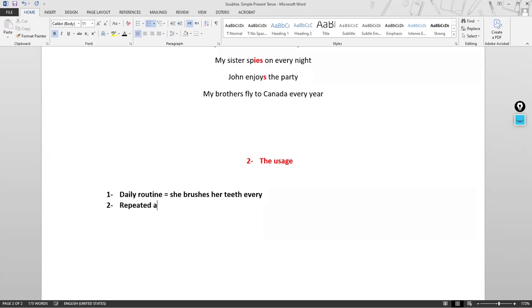Repeated actions are the actions that you repeat maybe every day, as I said, or every week, or every month, or every year. For example, if you want to say he visits his brother every week.